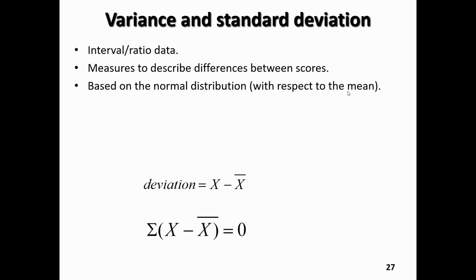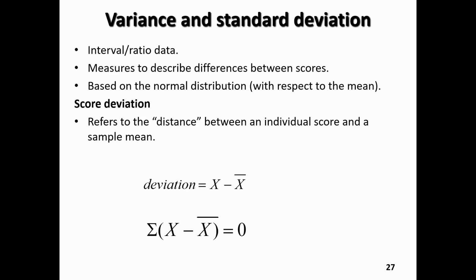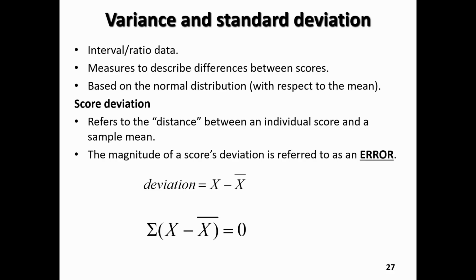To begin this study of the variance and standard deviation, we begin with a basic concept called a deviation. A deviation just refers to numerically how far, or the distance, a single number of a group of scores resides from the average value of those numbers, or the sample mean.